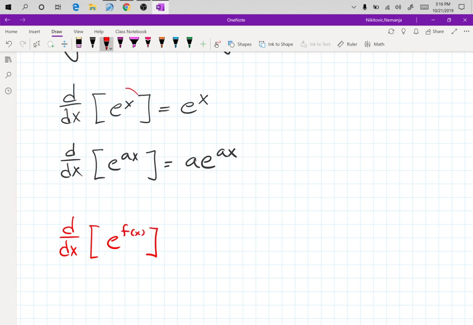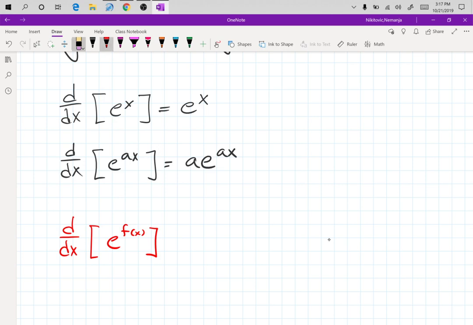So if you observe these two, these are linear functions in the exponent. It's just x, which is y equals x, a 45-degree line, or ax, which is some kind of slope line.